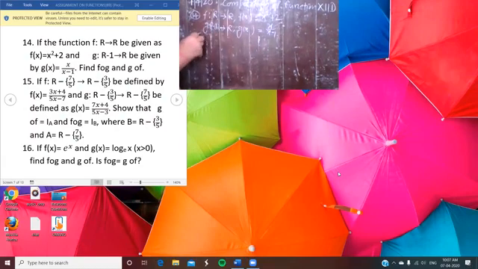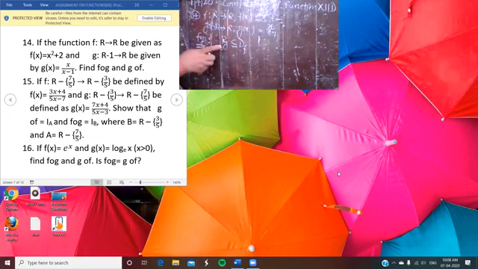So in case of fog, the condition is that the range of g is a subset of the domain of f. Only you check that. No need to find it here step by step. You only have to check whether that is correct or not.